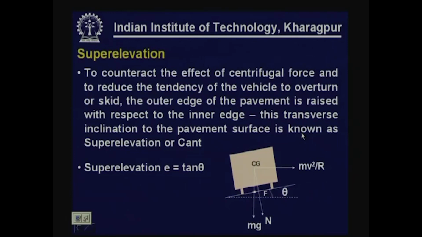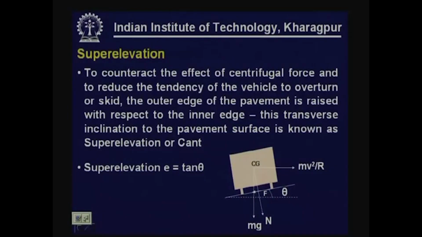Now, for a flat road in the transverse direction, the centrifugal ratio or the impact factor should be less than f, and it should also be less than B by 2h.